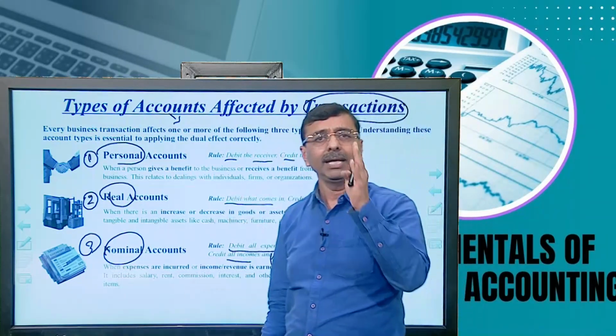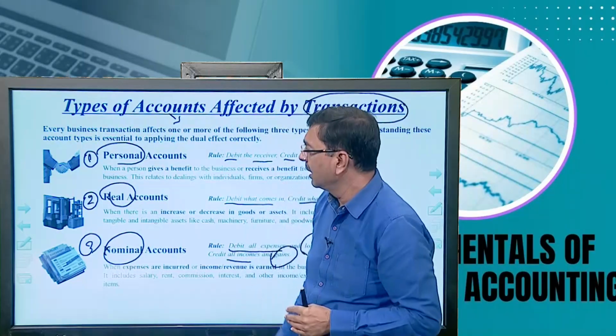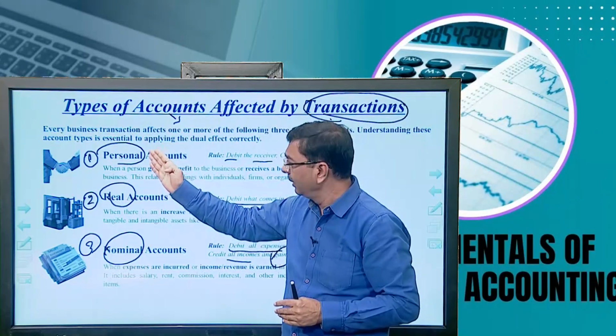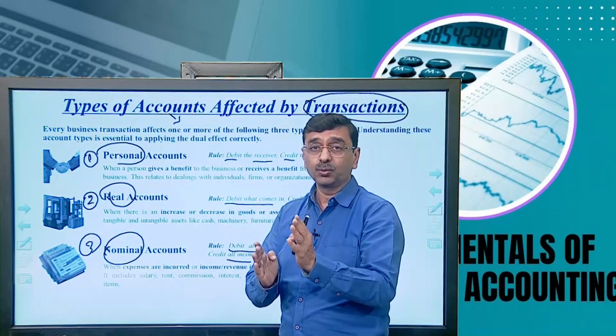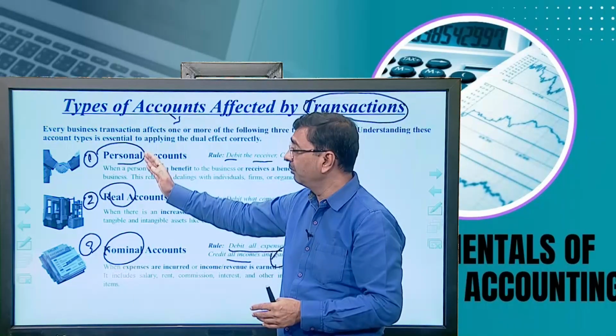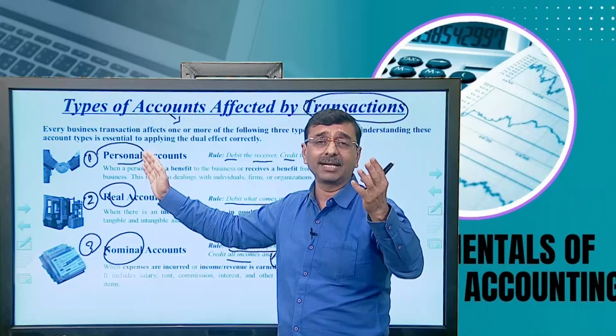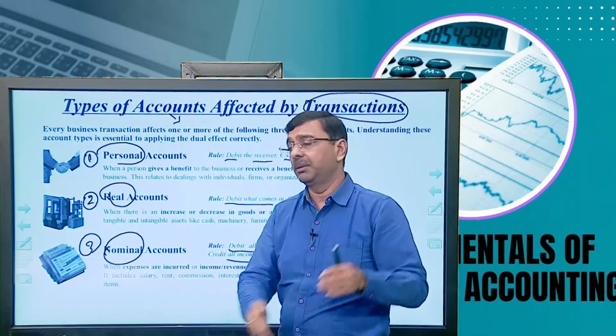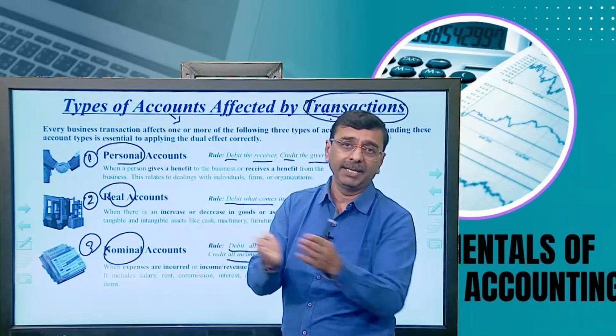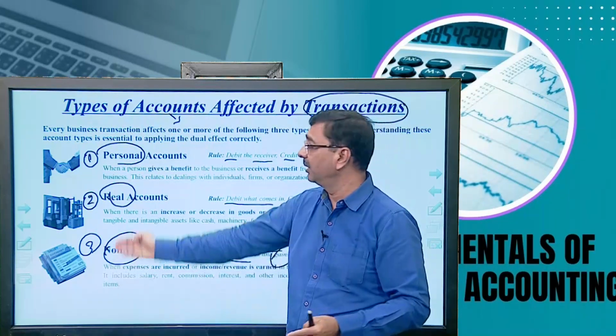So ultimately any transaction can be bifurcated into these three accounts only. It might be that transactions are affected in a mixed way also. All transactions have a twofold or maybe a multiple effect. One effect may affect the personal account, and the remaining transactions affect the real account.